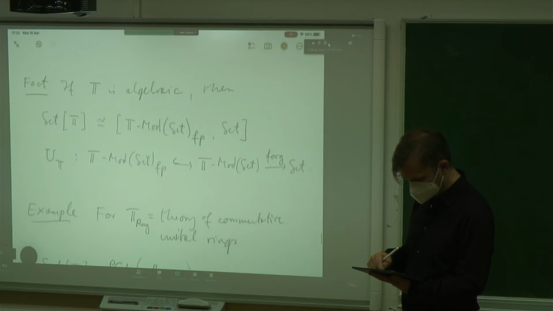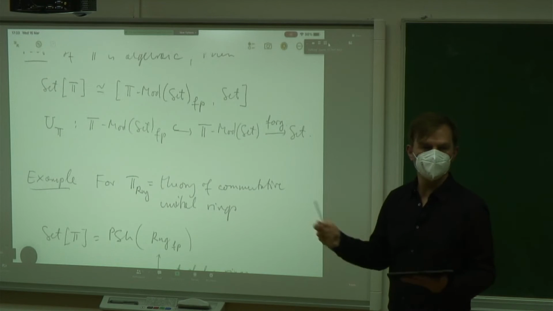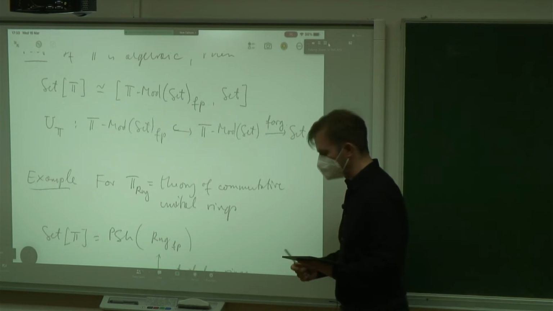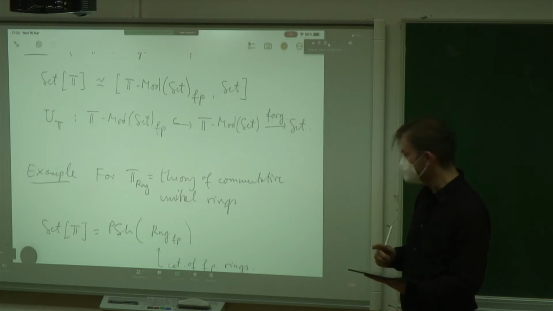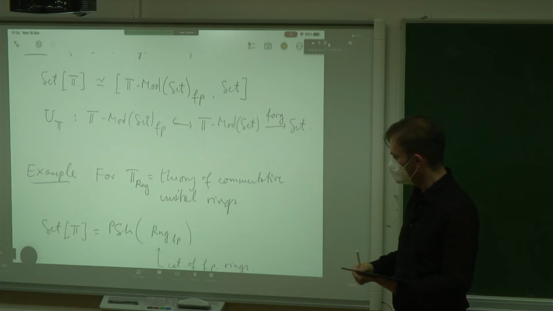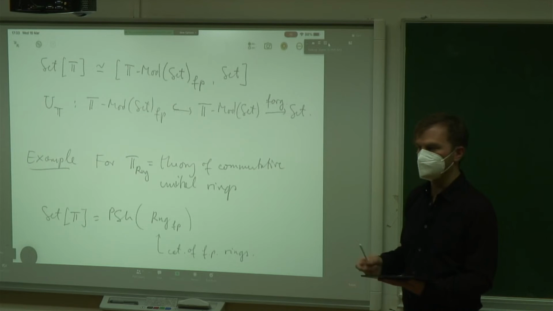It's a very simple situation, and therefore, for something relevant for mathematics, like, say, the theory of commutative unital rings, you see that the classifying topos is simply the category of presheaves on the category of finitely presented rings.